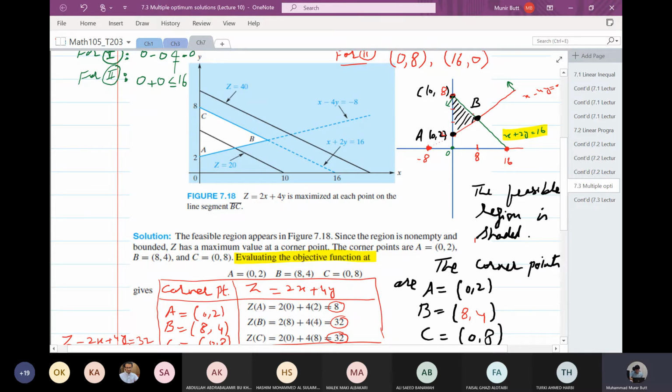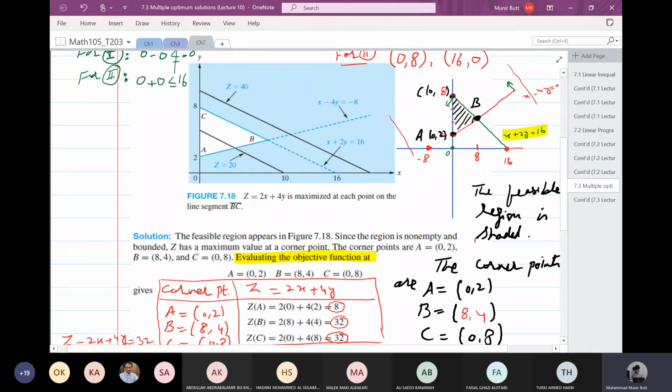If you take any point, on each point you will see that the slope of this BC and the slope of the maximum function that we are finding is the same. Since the slope is the same, z may be somewhere here or maybe somewhere here. This is parallel to BC because the slope is the same.